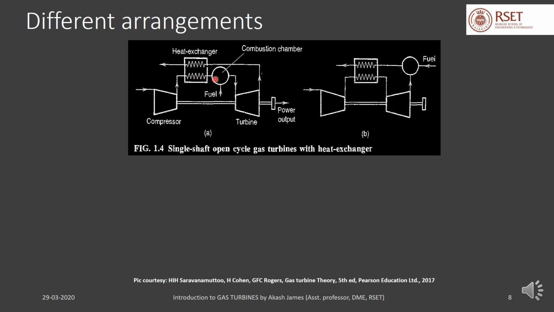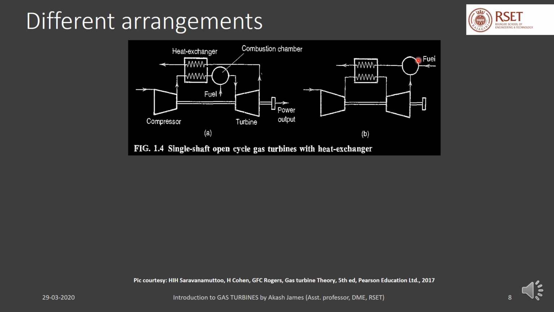This reduces the heat that is to be supplied in the combustion chamber, thereby increasing the efficiency of the gas turbine power plant. Now the trade-off here is the increased cost, complexity and weight of the heat exchanger, and also the pressure drop inside the heat exchanger.